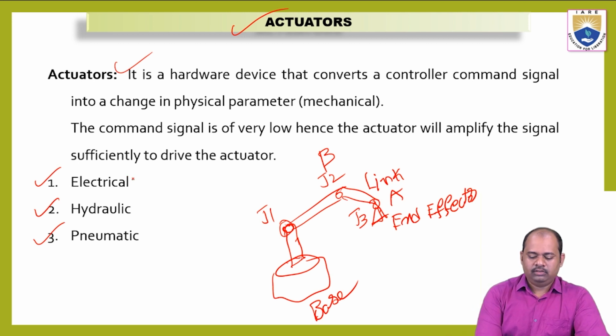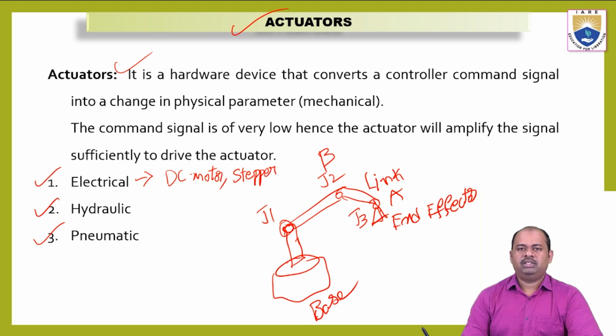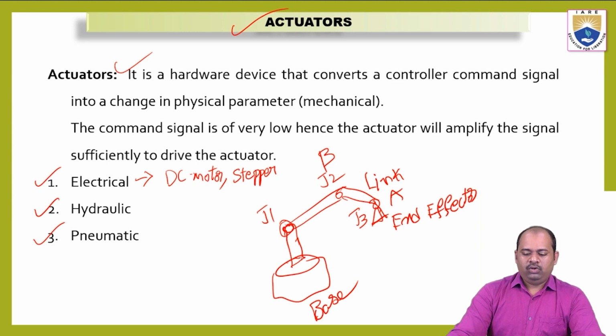Electrical actuators like the DC motor and stepper motor are some of the examples which are being used in automation.